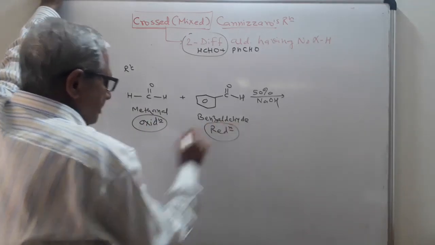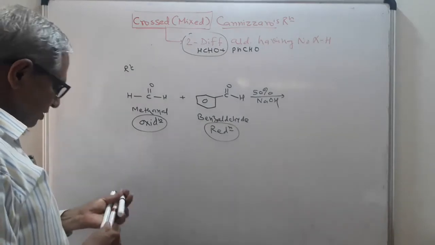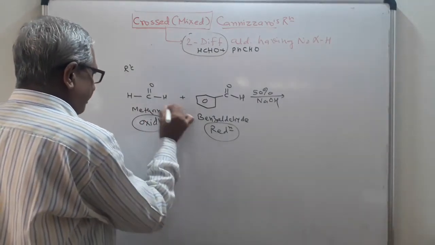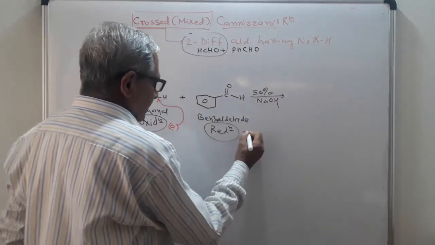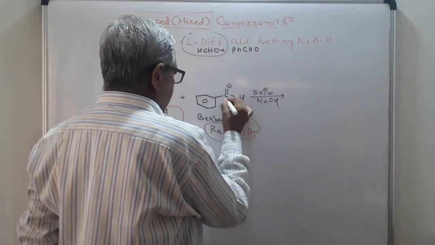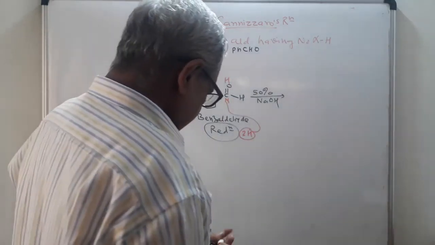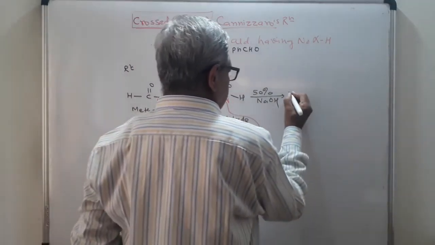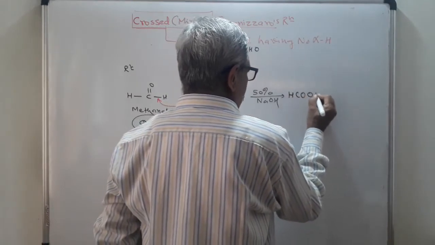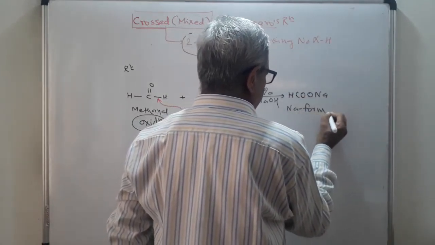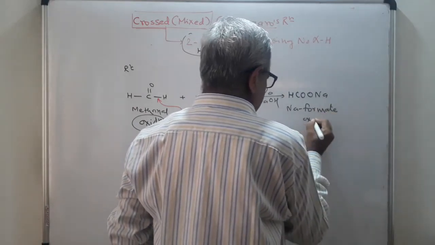So remember that. In this case, you will add here an oxygen atom. In this case, you will add here two hydrogen atoms. One hydrogen atom here, another hydrogen atom here. And see, the first oxidation product is like this, HCOONa. It is known as sodium formate. This is oxidation product.